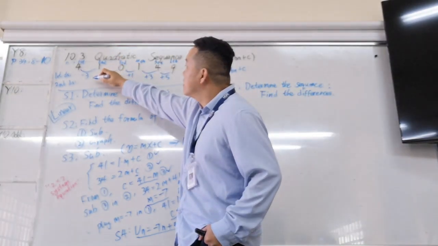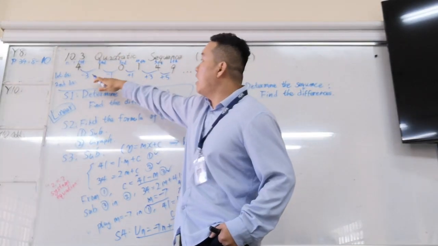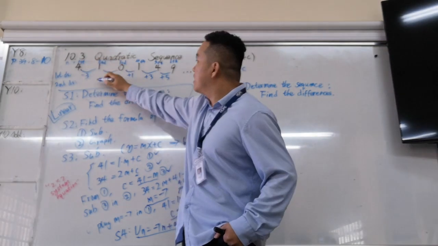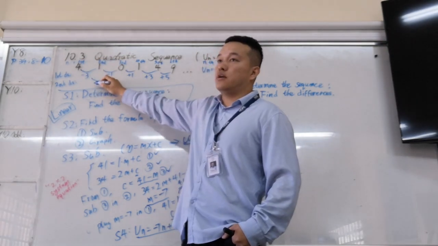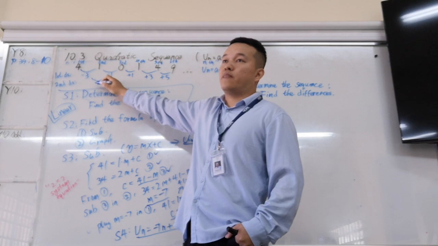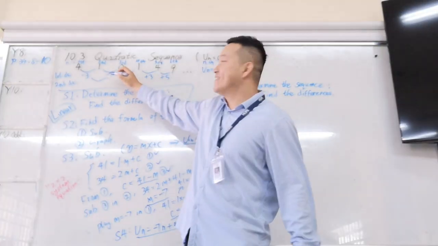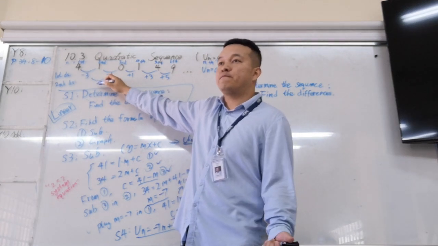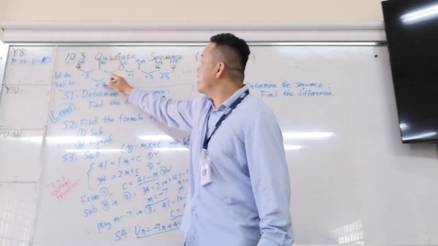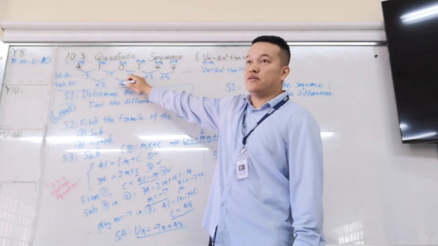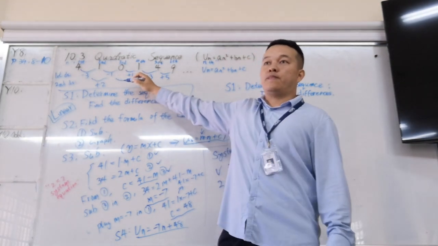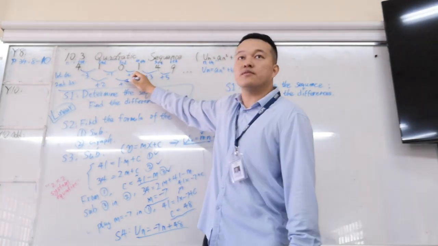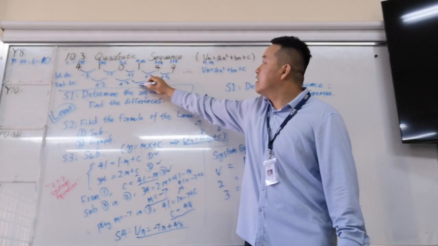Okay, Jonah, what's the difference of the first difference? Yes. 2. You got it? Positive or negative, tell me. Positive? Okay, what about this one? Positive 2. Good. What about this one?